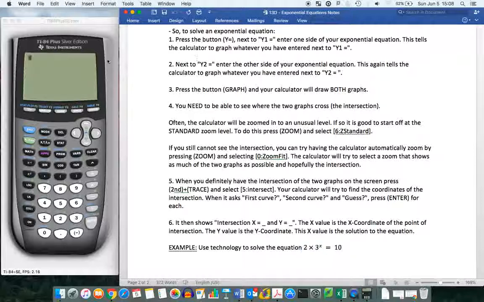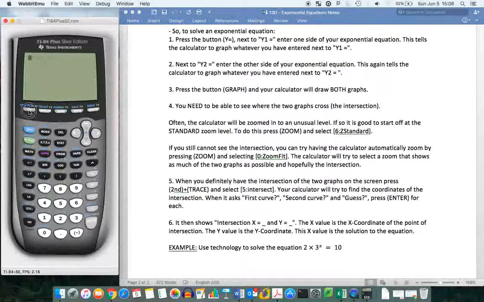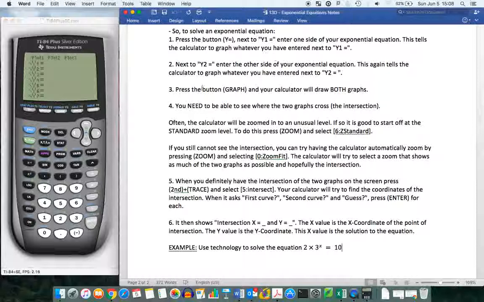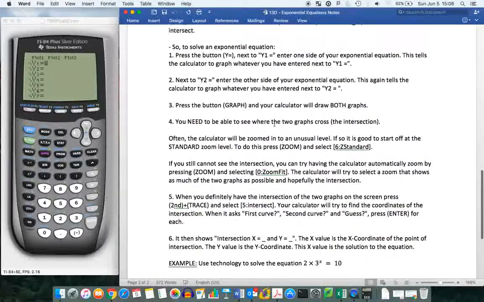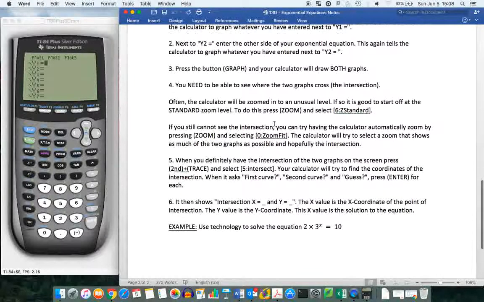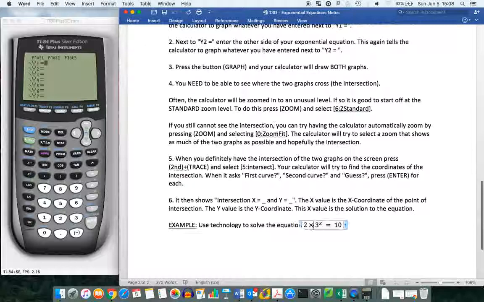Step 1: press the y equals button, and next to y1 equals, enter one side of the exponential equation. This tells the calculator to graph whatever you've entered next to y1 equals. What I've told you is that the solution is where the graphs of both sides intersect, or where these two sides equal each other.